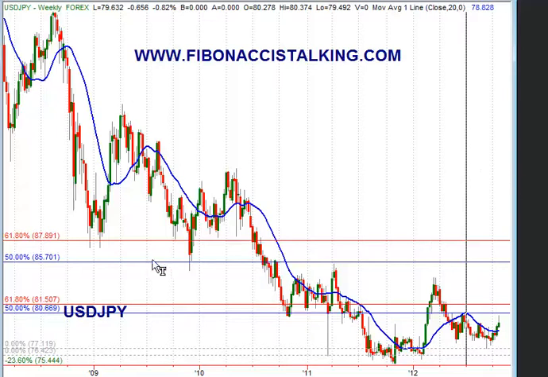This pair has been moving higher. What I wanted to say is the Japanese yen is relatively weaker, but in the last 2 weeks the US dollar has been catching up.